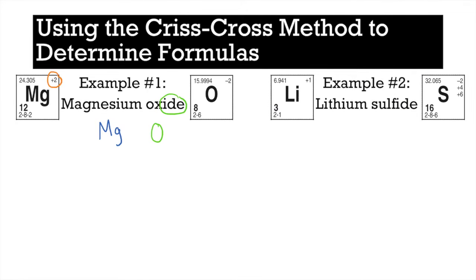For magnesium, it's that +2. It only has that one option. And oxygen only has that one option. Remember, if oxygen had multiple options, you only pick that top number for your nonmetals.